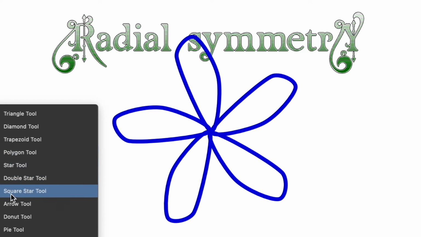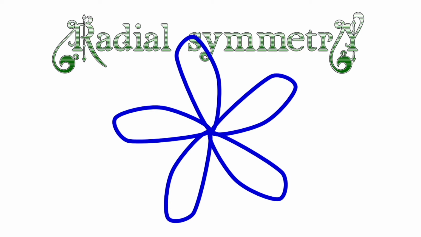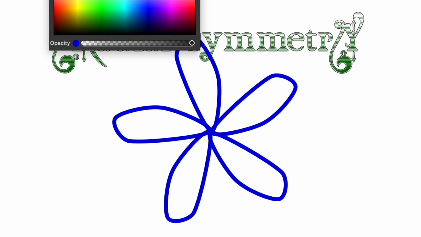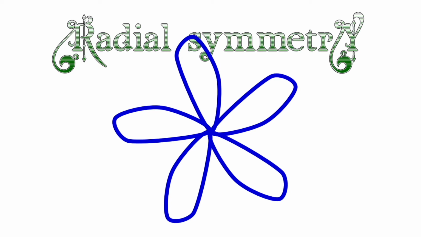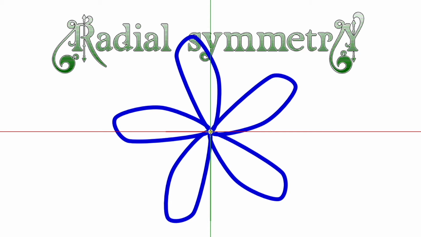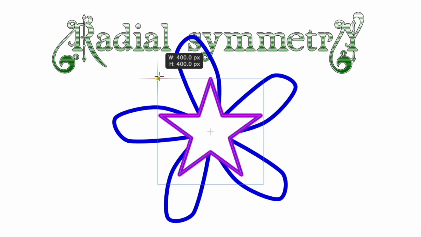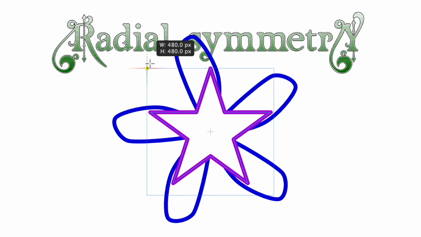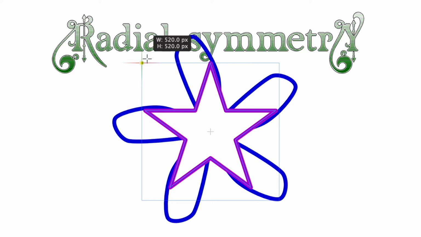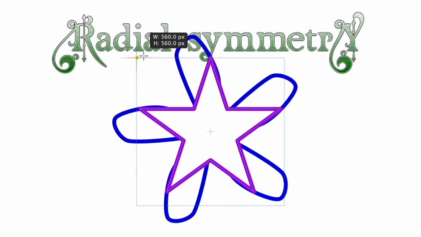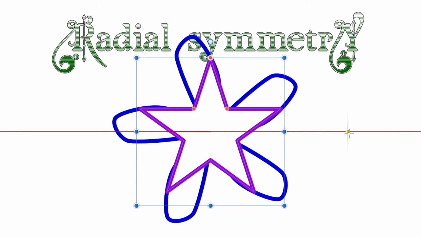Another common shape that we see that has five-sided symmetry, of course, is, let's see if we can get it to start in the same spot, the star. Now watch, I'm going to move this. The tip of the star should meet each petal in the same spot. And so that kind of shows us that they are all mirrors of each other.